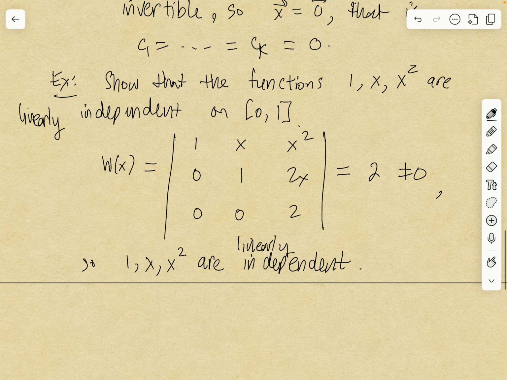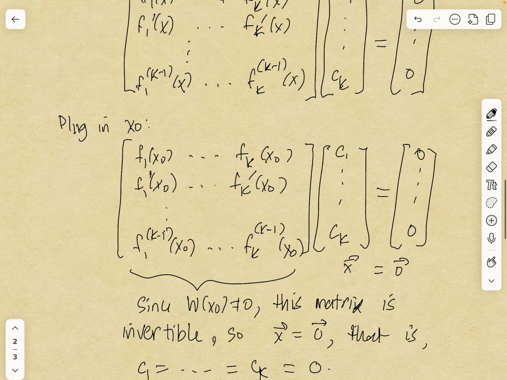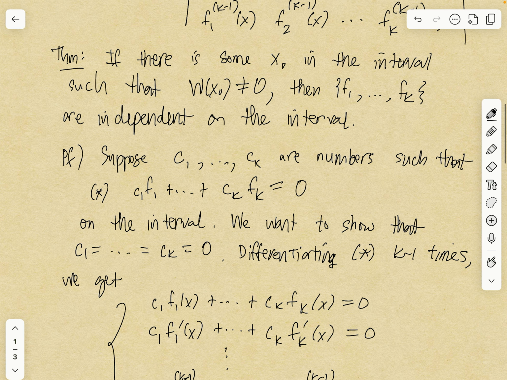In fact, in general, you can show that for any k, 1, x, x squared up to x to the k are independent. It's the same idea. This Wronskian will be an upper triangular matrix, and you can get some formula, and it's not going to be 0. One thing I should mention is that the converse is not true. It's not true that the Wronskian has to be non-zero at some place in order for the functions to be independent.